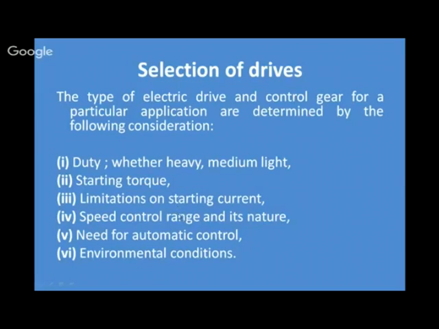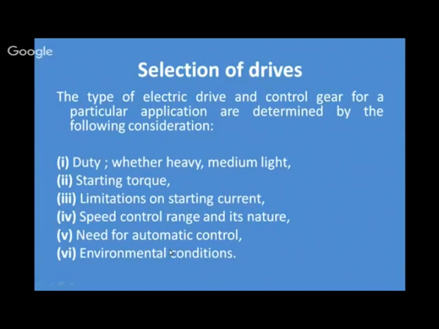For example, if our motor is being connected to a supply system which has a power limitation, we cannot use a drive with a very high starting current requirement. Also we have the environmental conditions which influence the choice of our drive system for a particular application.